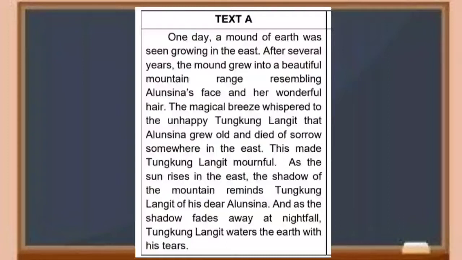This made Tungkong Langit mournful. As the sun rises in the east, the shadow of the mountain reminds Tungkong Langit of his dear Aluncina. And as the shadow fades away at nightfall, Tungkong Langit waters the earth with his tears.